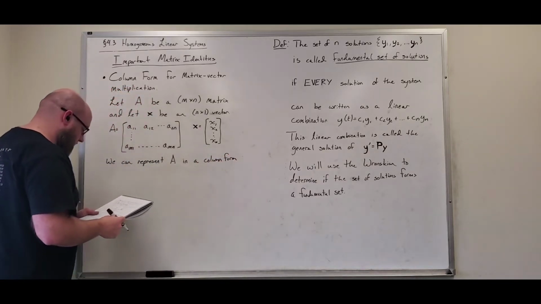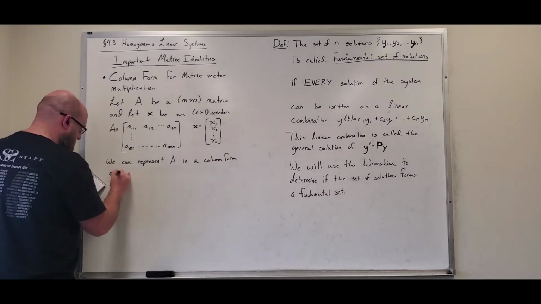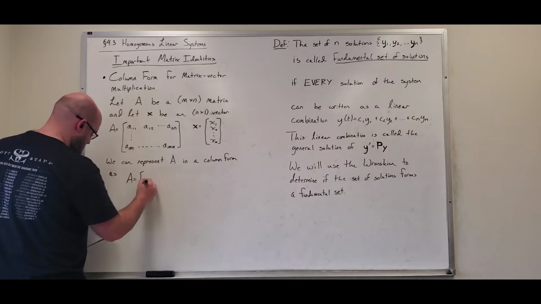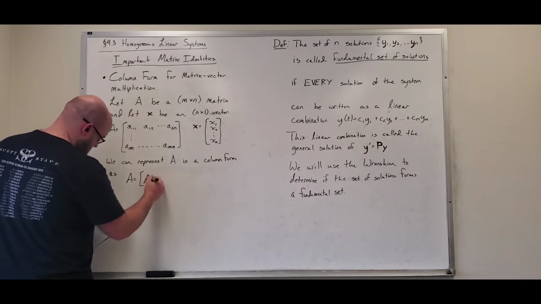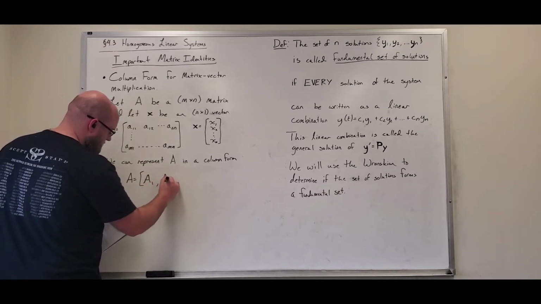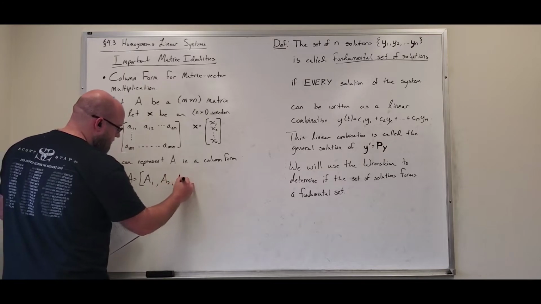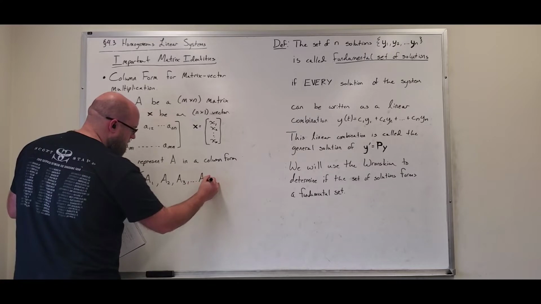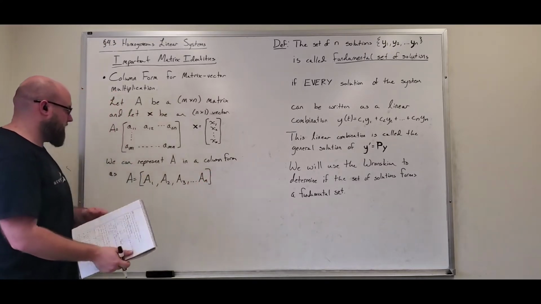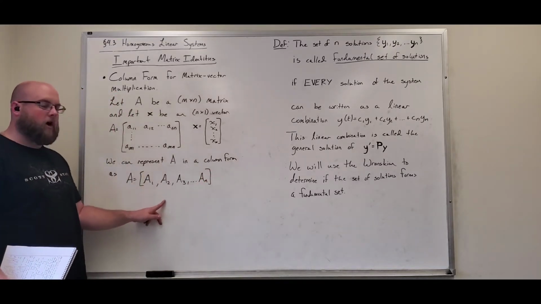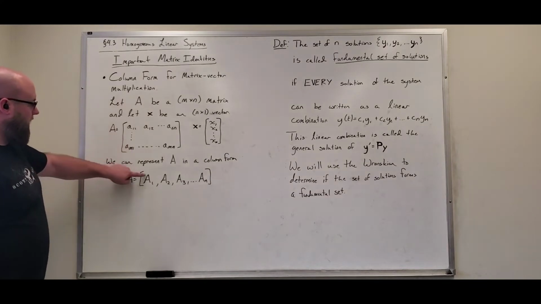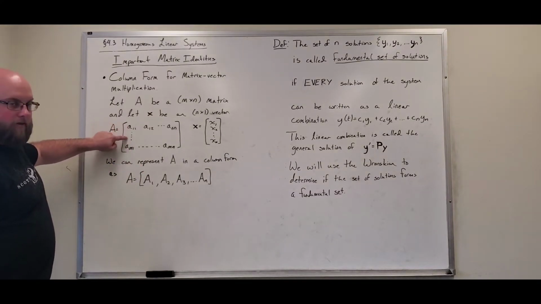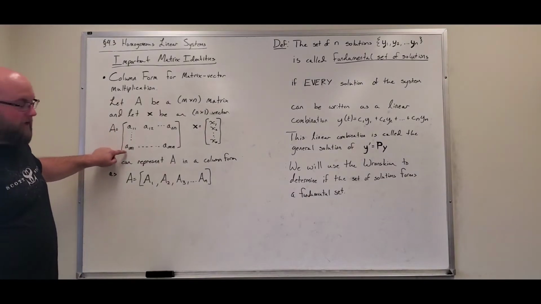That looks like the following. A is equal to, and notice I'm still using capital letters here, what this is representing is each column of this matrix. So A1 represents this column of A11, A21, A31, A41, all the way up to Am1.